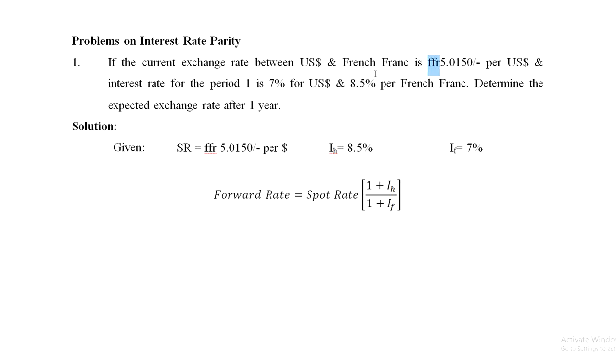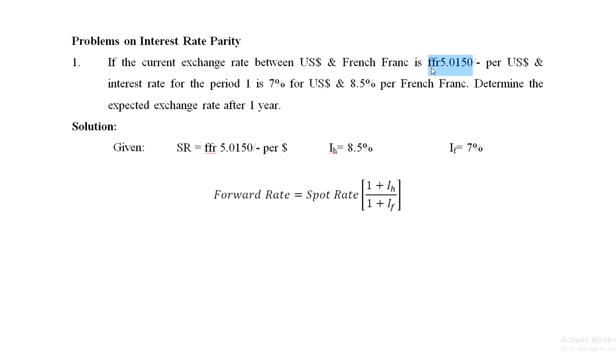FFR 5.0150 per US dollar means that in order to purchase 1 US dollar, a French citizen should pay 5.0150 per dollar, right?